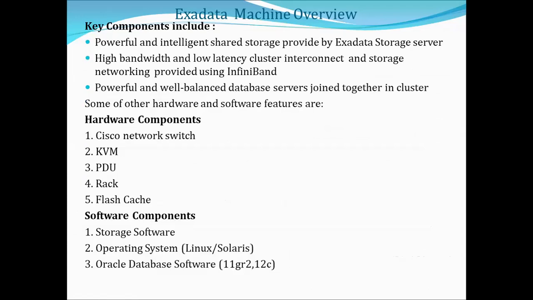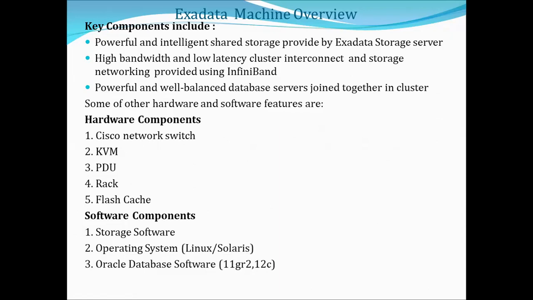So the key components of Exadata are the Exadata intelligent storage server, a high bandwidth and low latency interconnect, which is called InfiniBand, and powerful and well balanced database servers joined together. These are the hardware components in Exadata: Cisco network switch, KVM, PDU, rack, flash cache.